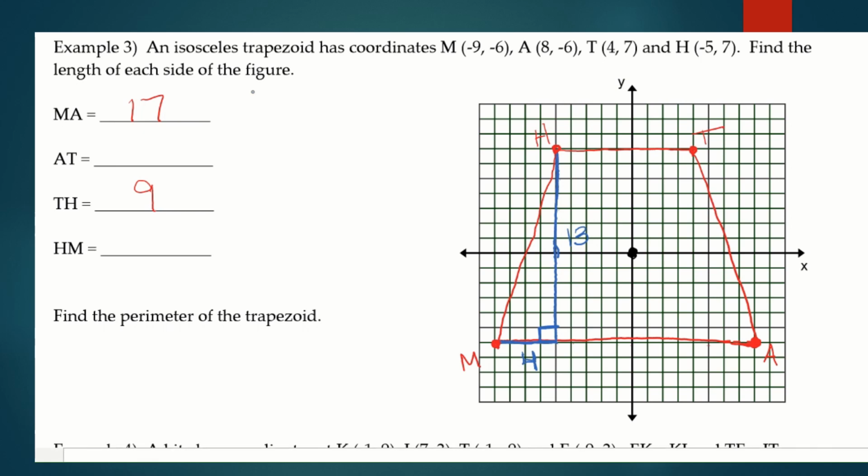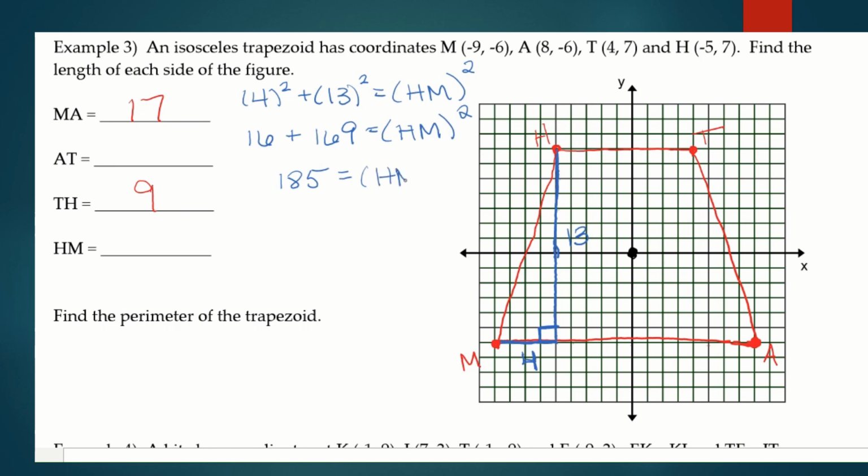So let's go ahead and plug in to the Pythagorean theorem. And I'm going to say, they labeled it HM, so we're going to go HM here on our worksheet. Okay, so 4 squared is 16, plus 13 squared is 169, equals side HM squared. Okay, so 16 plus 169, that's 185. Now I know for a fact that 185 is not a perfect square.